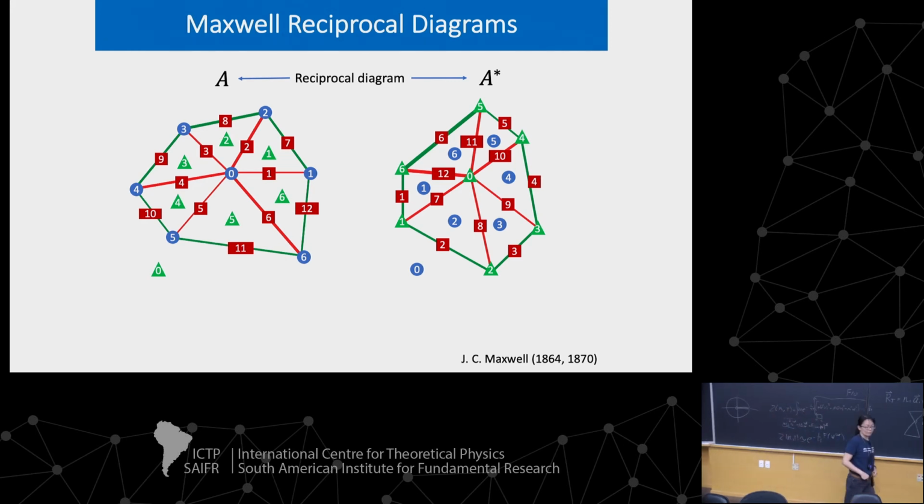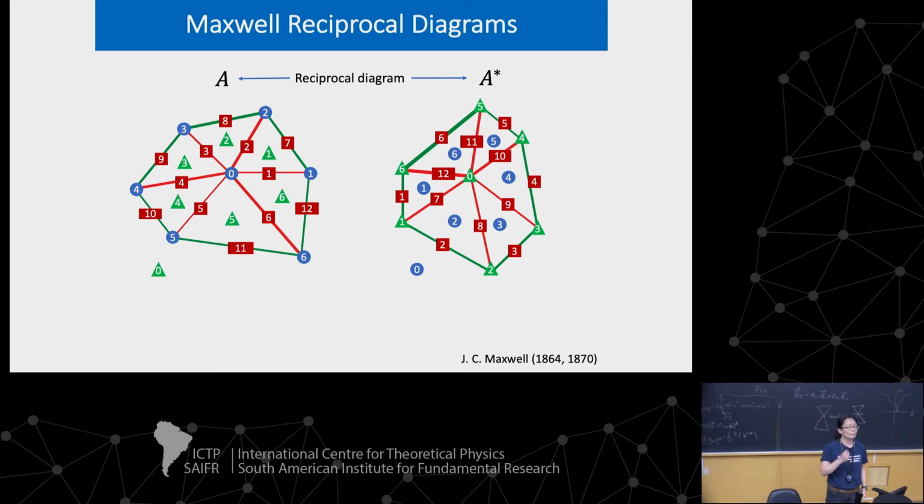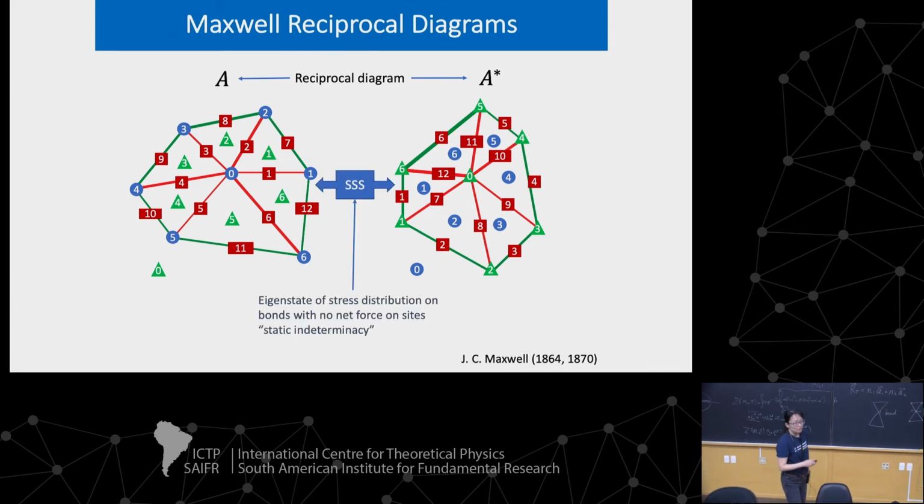Is there any information about the geometry, or is this just about the topology of the lattice? Like, how do you decide the size of your edges? That's what I'm going to say next. You construct that from states of self-stress, actually. What Maxwell showed is that this kind of reciprocal diagram doesn't always exist. You only have that when you have states of self-stress. So you can take a state of self-stress, which is actually how I drew this network.